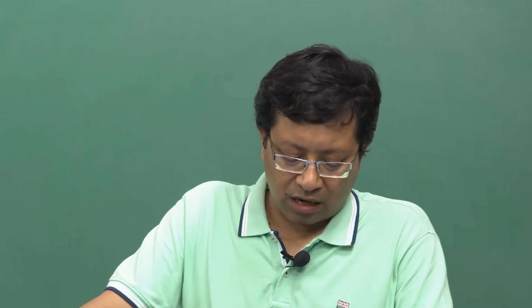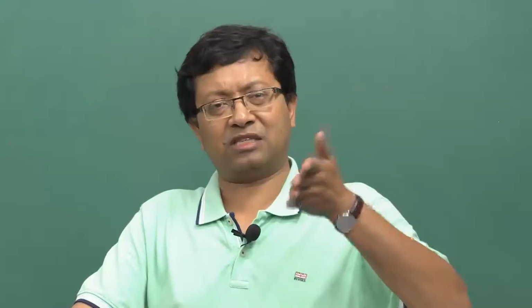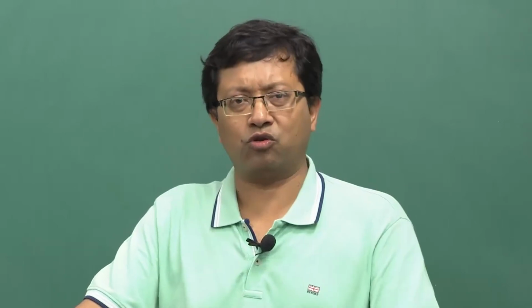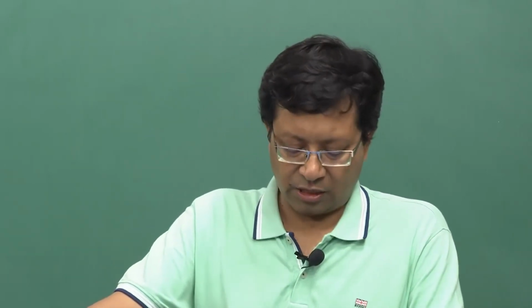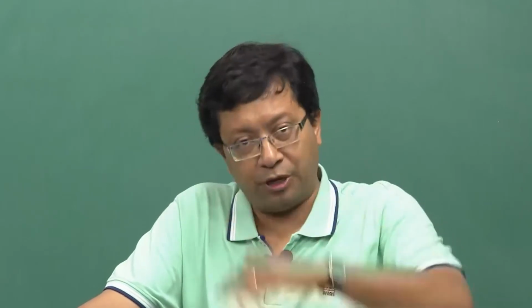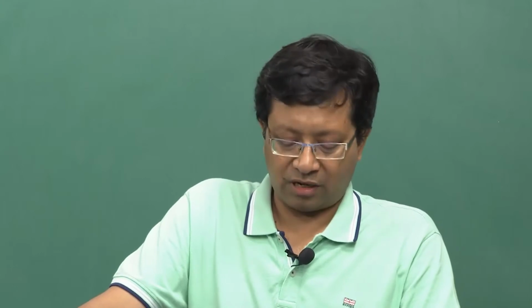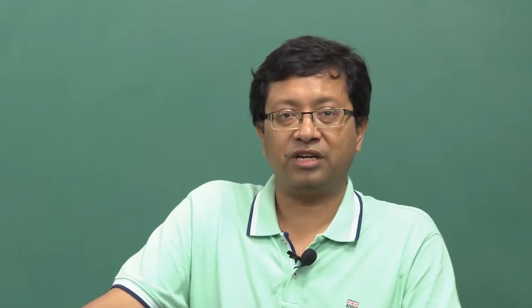For the R charts, the upper control limit would be d2 sigma plus 3 d3 into sigma. So, these d1, d2, d3, a1, a2, b and all these things can be found out from the table. So, I am not going to go into details for that. Similarly, the lower control limit would be of equal length below the central line. So, it will be d2 sigma, which is the central line, minus 3 d3 into sigma.